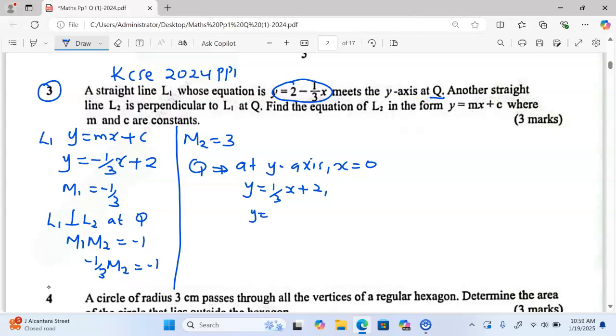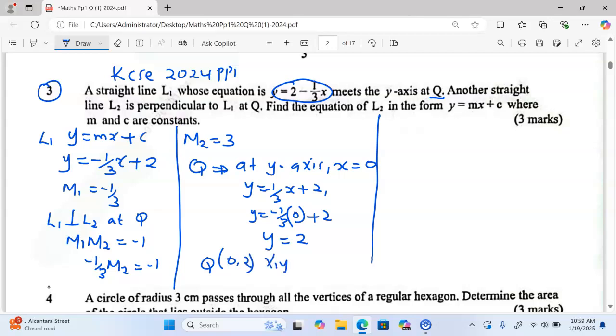Y therefore is going to be negative a third times x, and the value of x is 0, plus 2, giving us the y coordinate as 2. Once you get the y coordinate, we can pick this point, which is point Q, which is (0, 2).